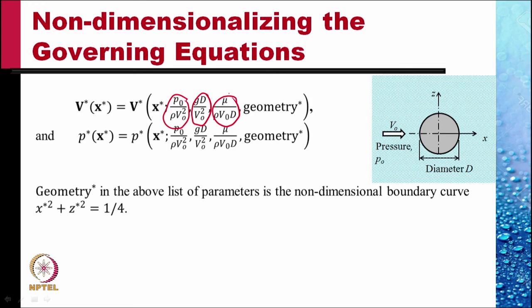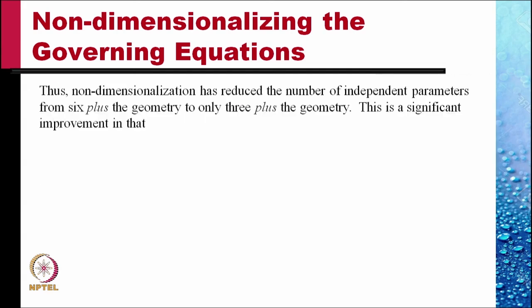Similarly, for pressure, these 3 groups are termed pi numbers. Thus, non-dimensionalization has reduced the number of independent parameters from 6 plus the geometry to only 3 plus the geometry.